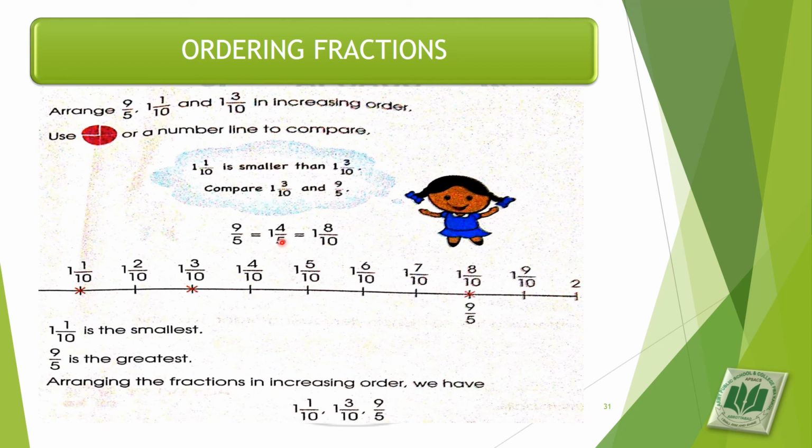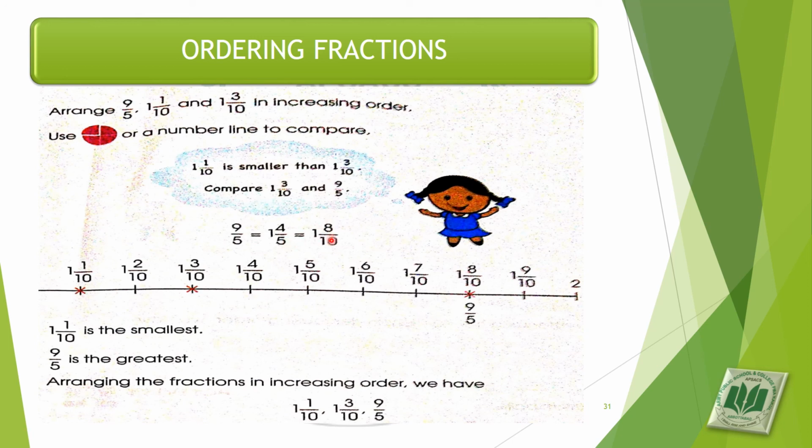We have to make this 5 into 10. Why 10? Because we are comparing this 1 whole 4 by 5 with 1 whole 3 by 10. So we have to multiply this 5 by 2. When we multiply this by 2, we get 1 whole 8 by 10.